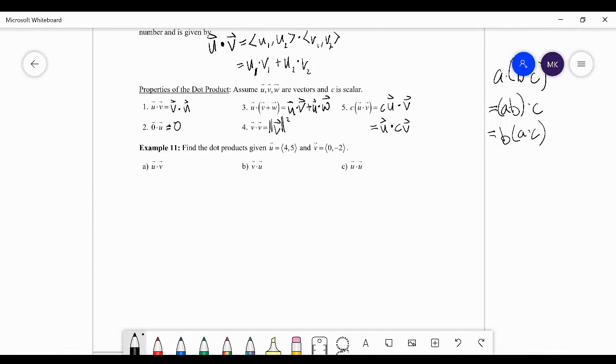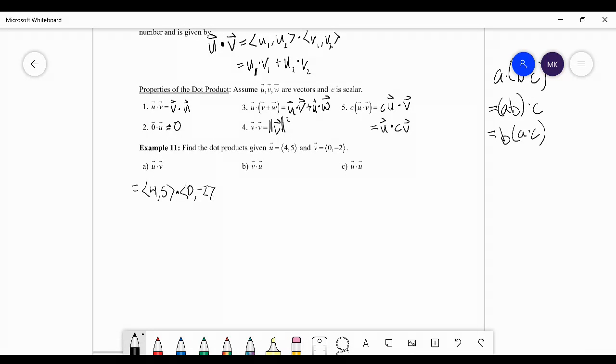So let's look at these example 11 problems here. We've got 3 of them, and I want to simply find these dot products. So if U is the vector 4, 5, and V is the vector 0, negative 2, okay, U dot V is equal to 4, 5, dot 0, negative 2.